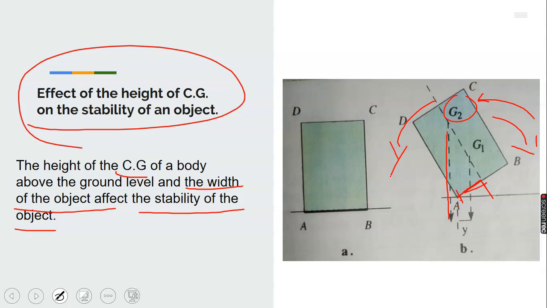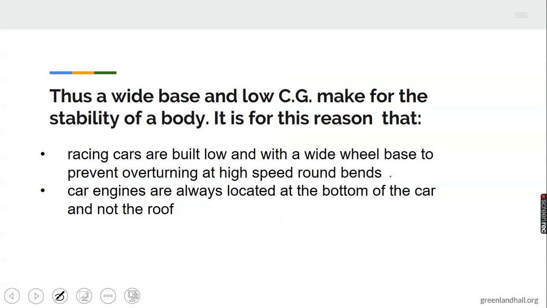That is, when the center of gravity is high, the object can never be stable. It may fall off, just like a racing car when racing at a bend at very high speed. Thus, a wide base and low center of gravity make for the stability of a body.